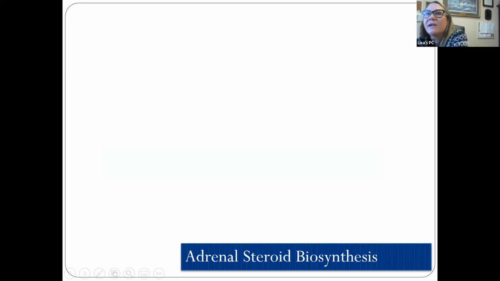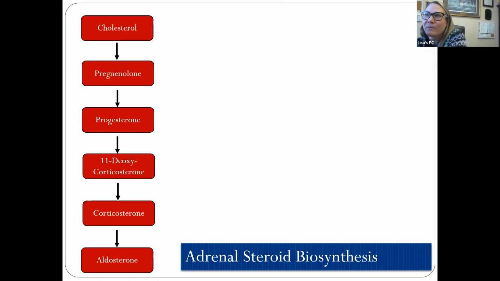I know you've seen this profile before. It's drawn in different ways, but I like this way because it helps me think about the different layers of the cortex and what's going on in each one. Within your adrenal cortex, everything starts as cholesterol, and in a multi-step process in your glomerulosa, you go to aldosterone.